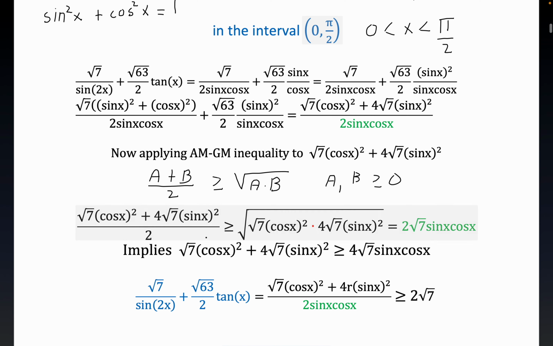We divide by 2 right here, and this next step is multiplying through by 2 to get the 4 right here. After that it's fairly routine, because this is true, and this is our original expression. So we've shown that it's greater than or equal to 2 root 7.